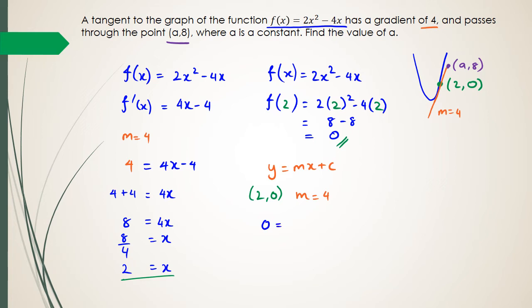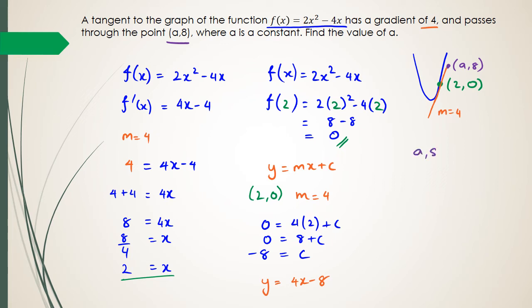So I've got 0 is equal to 4 times 2 plus c, so 0 equals 8 plus c, and so c is equal to minus 8. So my equation for the orange tangent is y equals 4x minus 8.